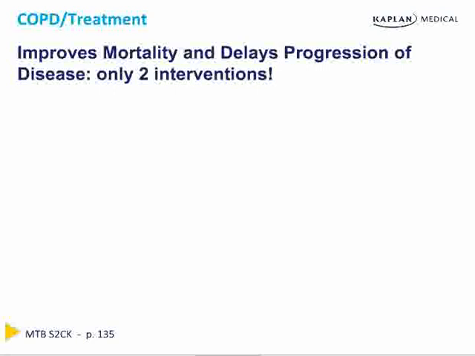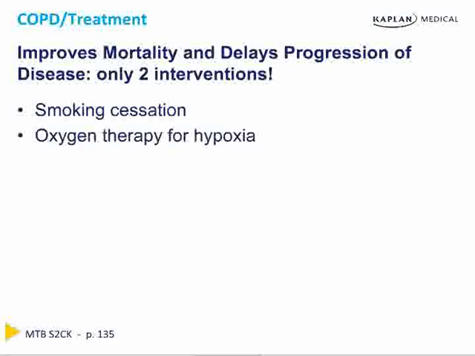In COPD, there have only been 2 interventions that have been shown to improve mortality and to delay progression of disease. The first is smoking cessation, and the second is oxygen therapy.